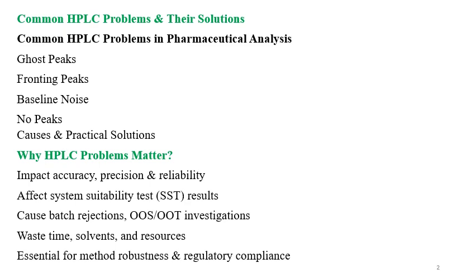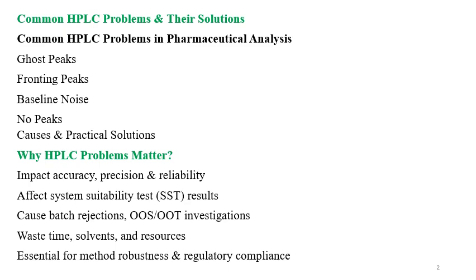Examples of some common problems are ghost peaks, fronting peaks, baseline noise, or no peaks. So why are these problems required to be solved, and why is it critical to understand and solve HPLC problems?